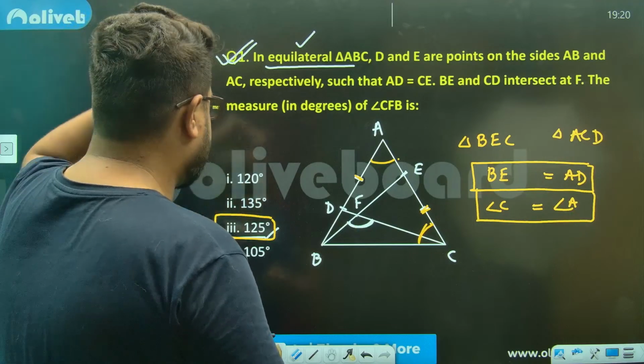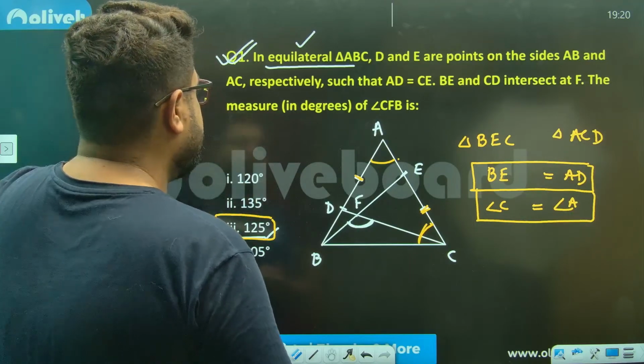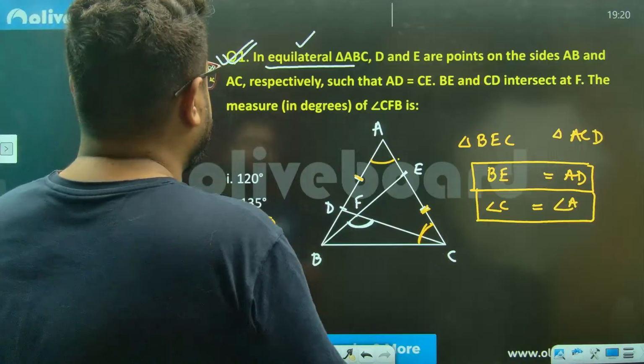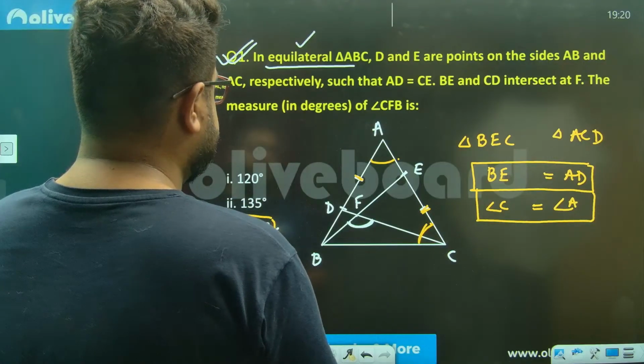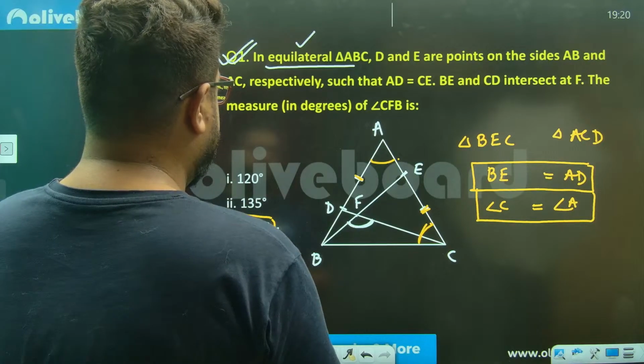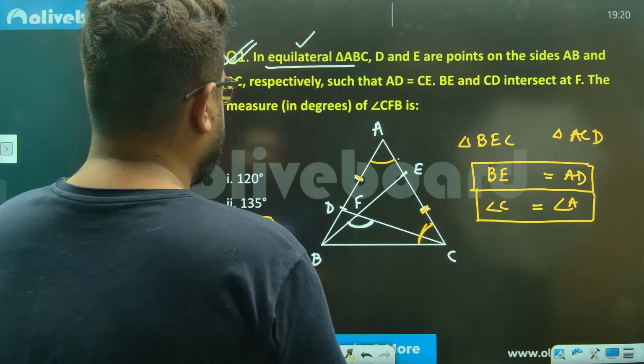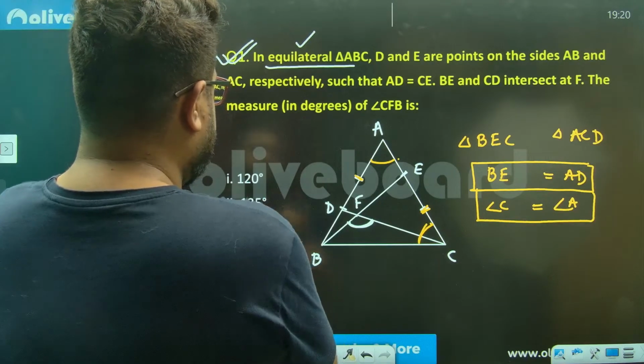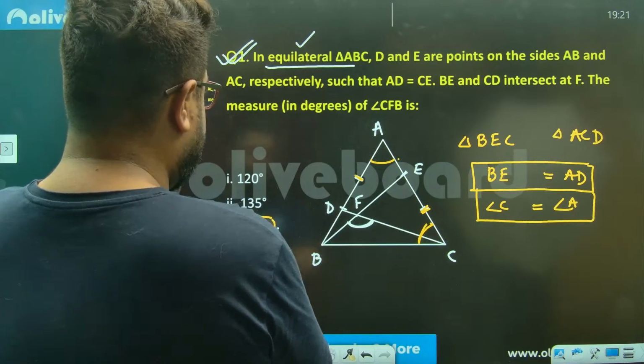Sir, this one equal, this one equal. Achha, anything else given? Just a second. No common angles as well.